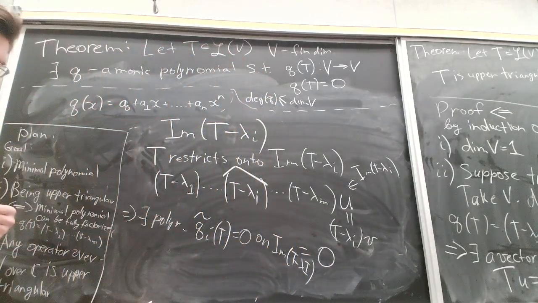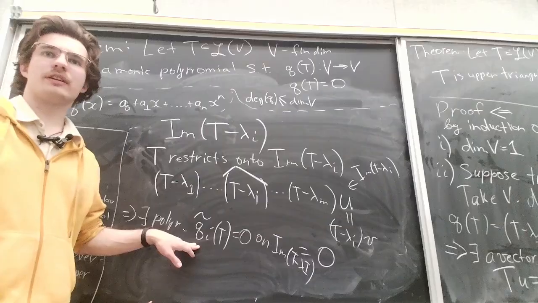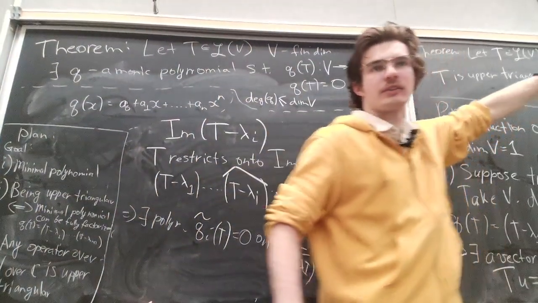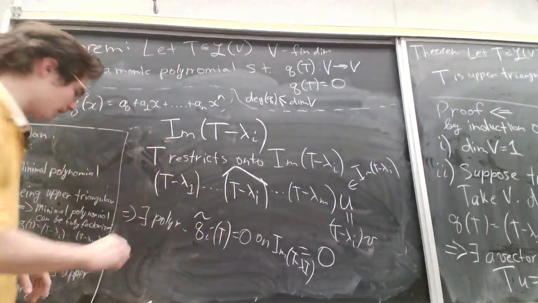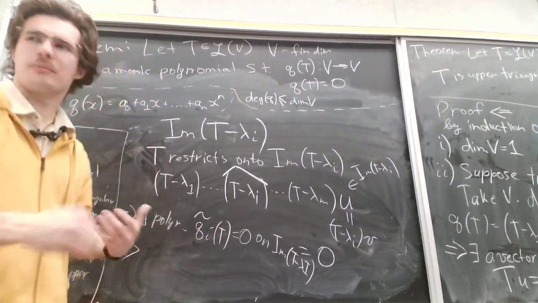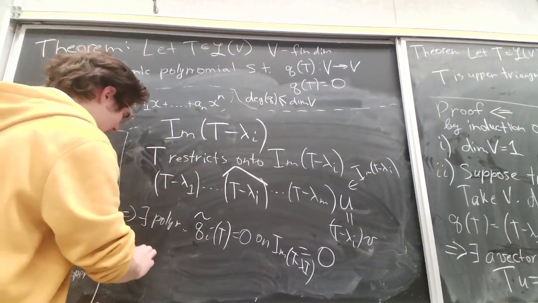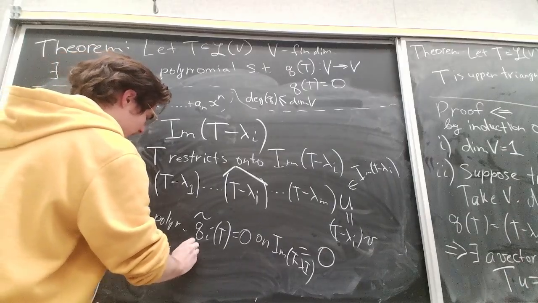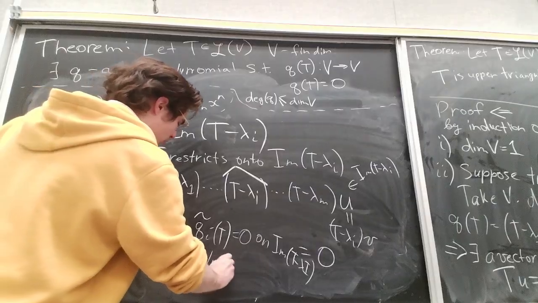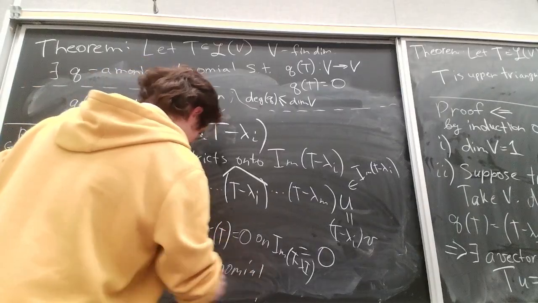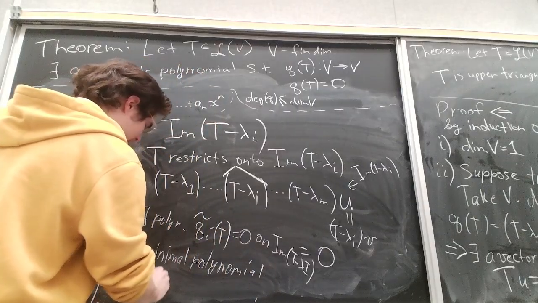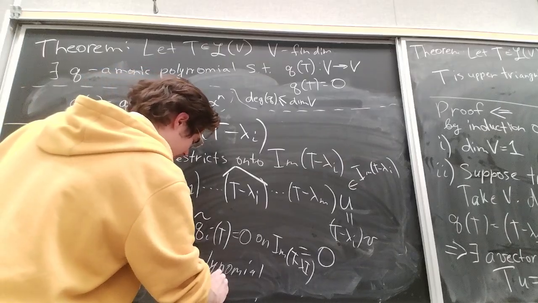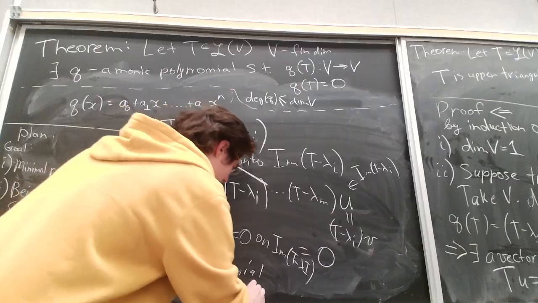And because I know that there exists some polynomial that can be factored in this nice form, this implies that the minimal polynomial of T on the image of T minus lambda I is also factored.